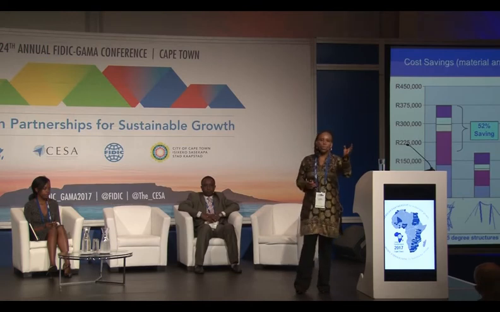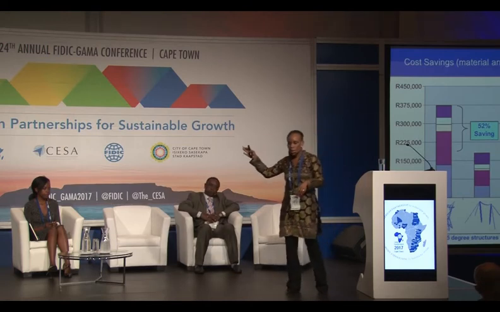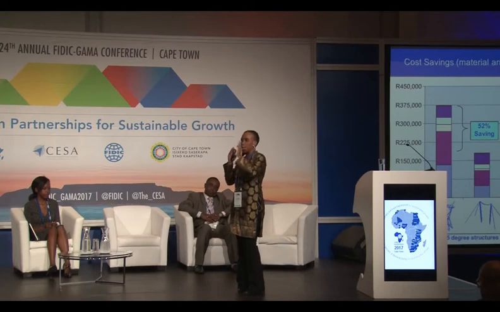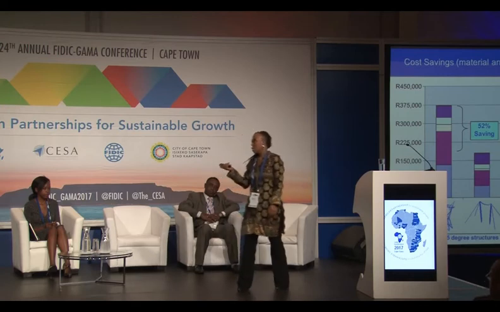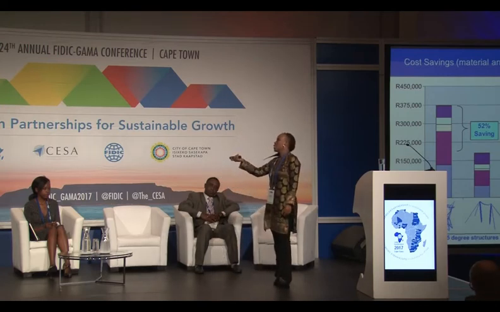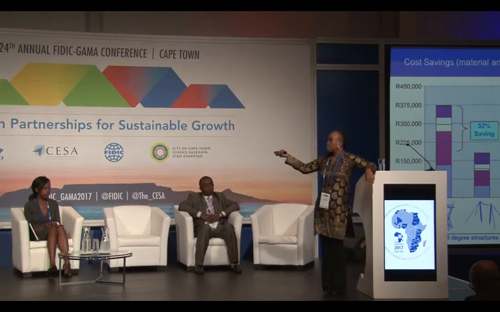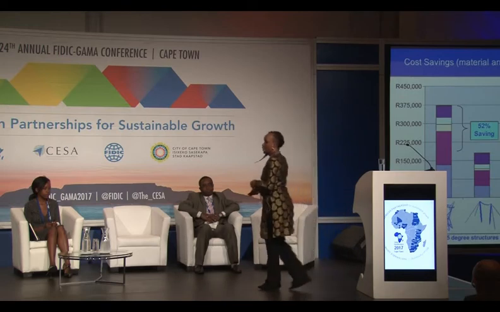Of course, if we're going from Joburg to something as far as Cape Town, there is no way you can do it in a straight line. So what this slide shows is just the difference between the towers that actually support the conductor in a straight line and the towers that actually deviate, change direction of the line. And as you can see, that cost saving there is quite substantial, right?